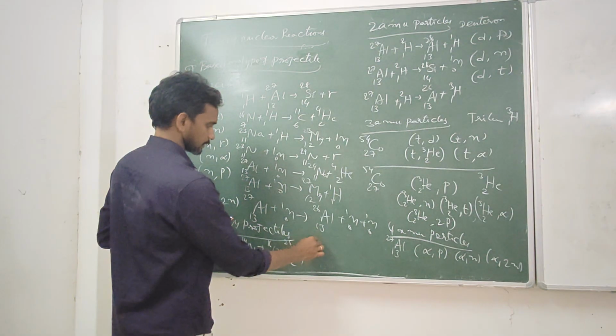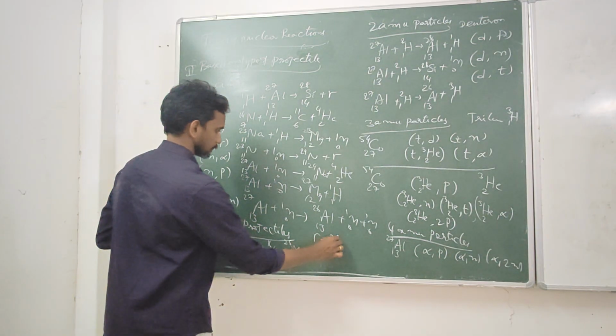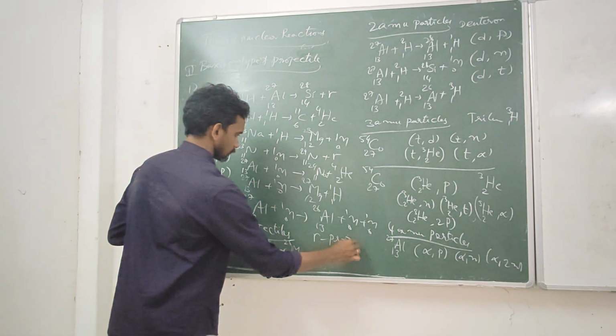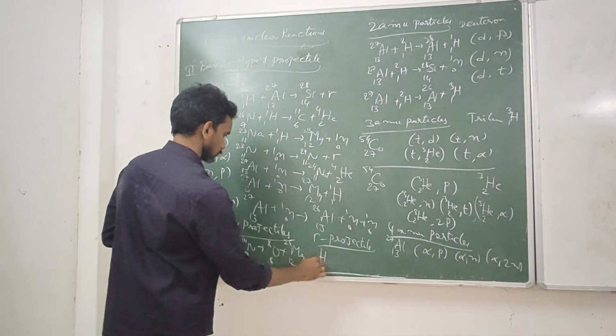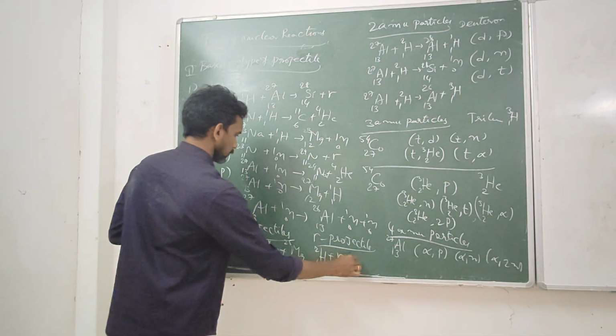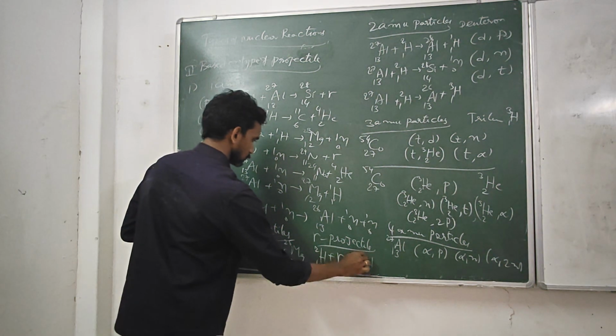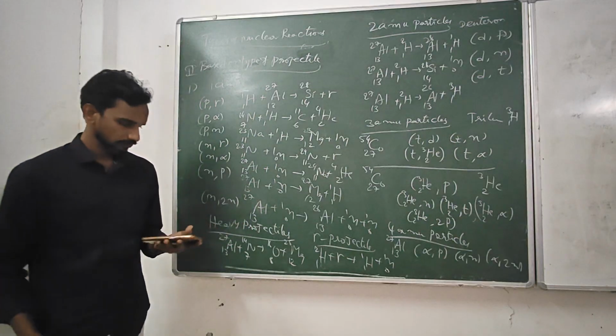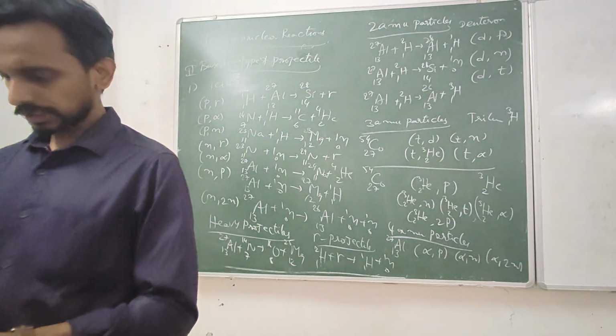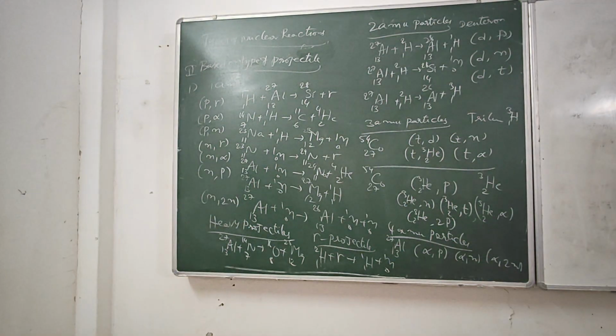Another projectile, gamma projectile. So for gamma projectile, H12 plus gamma gives you H11 plus N01. So these are the types of reactions based on projectile.